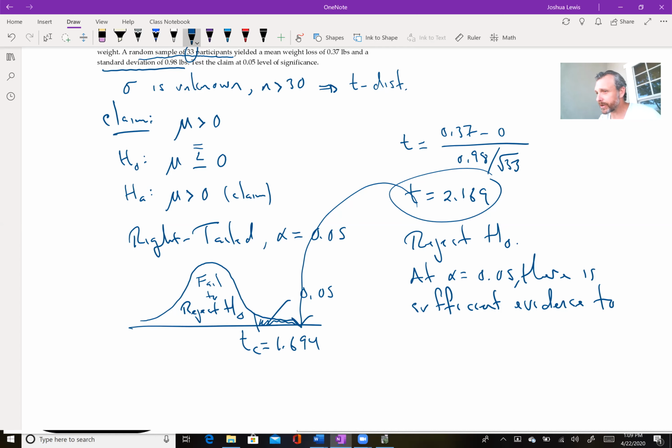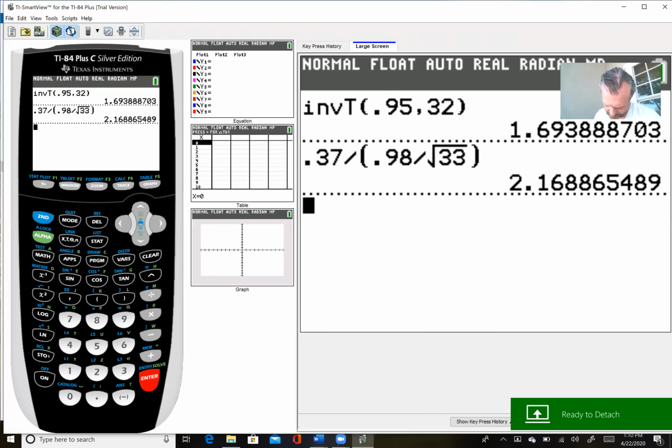So if we are saying the complement of our claim we can reject, that tells us we should accept the claim, right? Of course, there's a 5% chance we're wrong, but shoot, those are pretty good odds. So at alpha equals 0.05, there is sufficient evidence to support the claim.